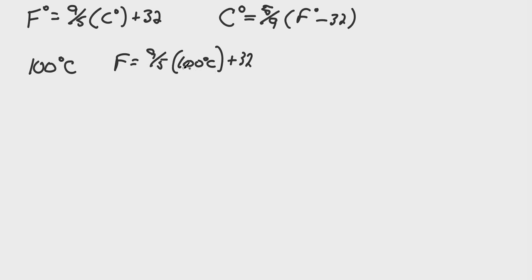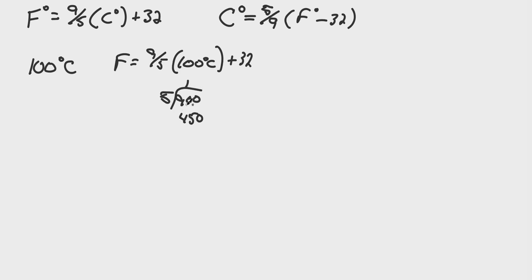So you might be able to do this in your head. You say, oh, I can't do that in my head. No, look at this. So 9 times 100. What's that? Easy. 900. Divided by 5. 5 is tricky, but if you take your 900 and halve it, you get 450. Well, let's divide by 5 while we're here.